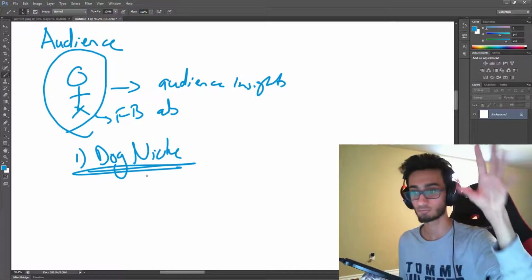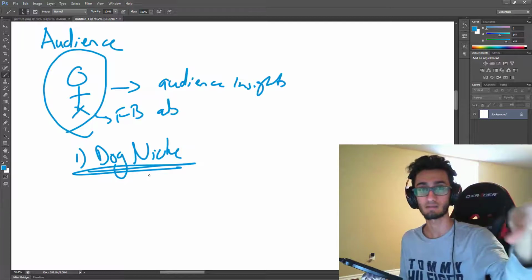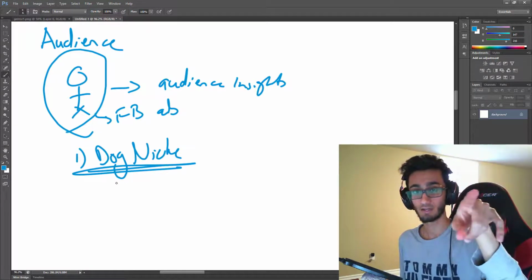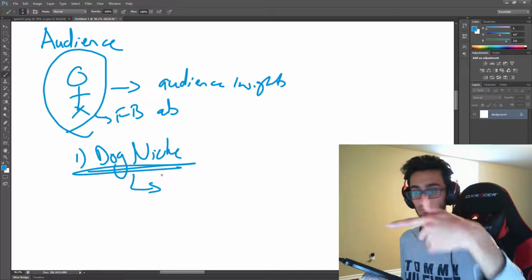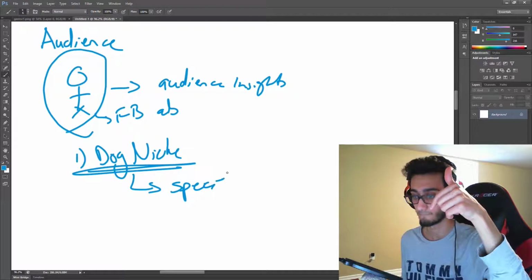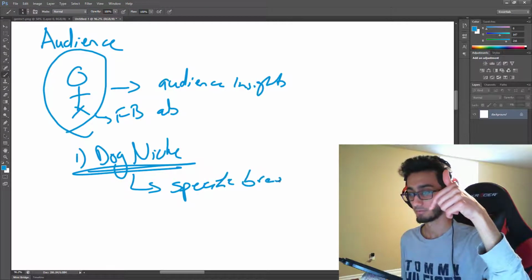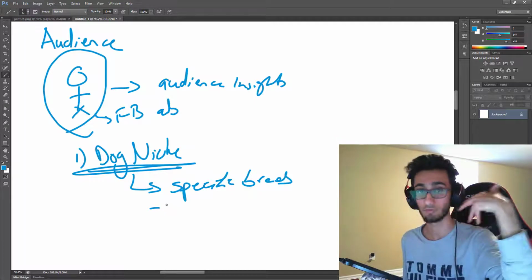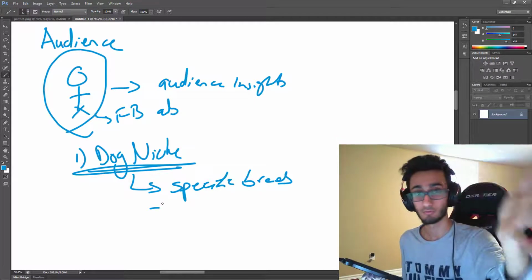Whether it be weight loss, the dog niche, the cat niche or whatever. But something else that you have to realize is there's sub niches as well. For example, for the dog niche it would be specific breeds. So instead of doing dog niche, I do bull mastiff, I do German shepherd, I'll do husky, I'll do poodle.